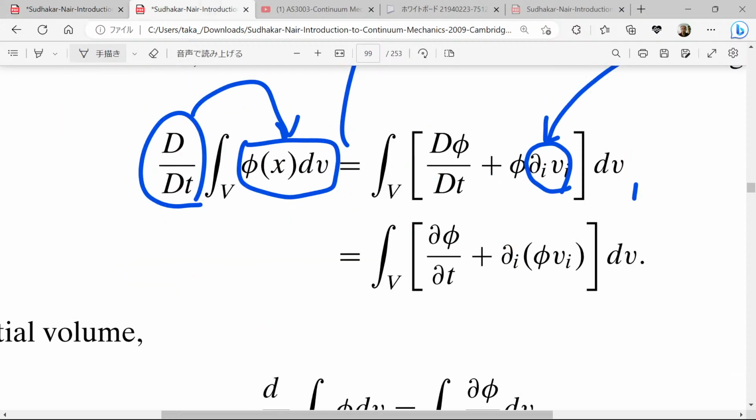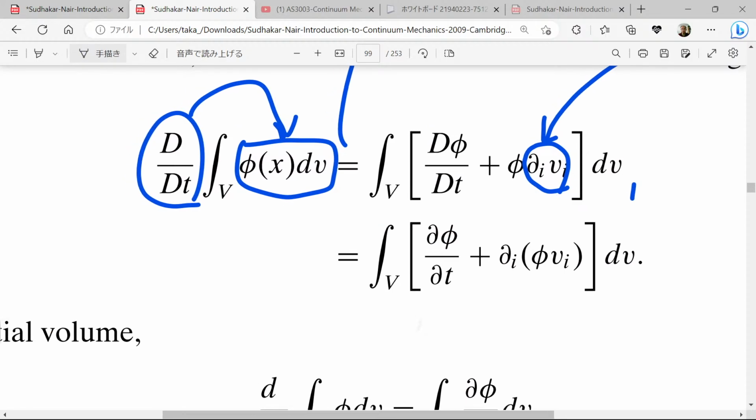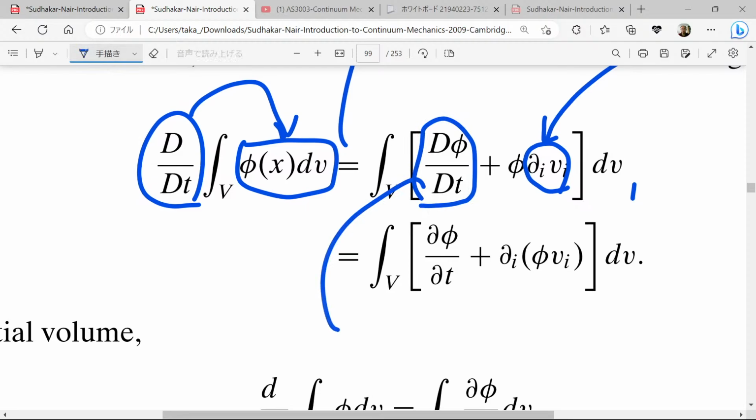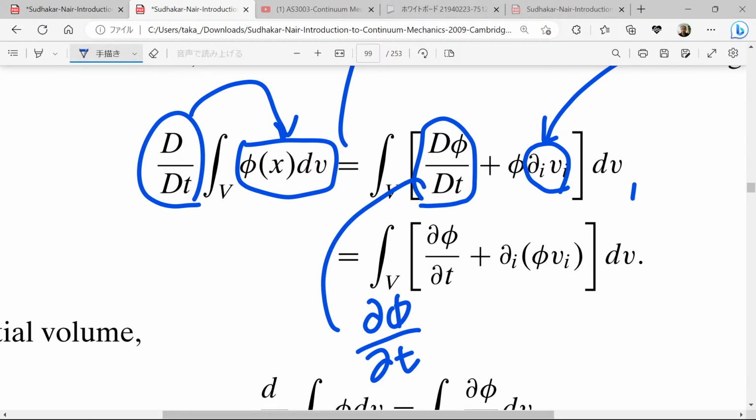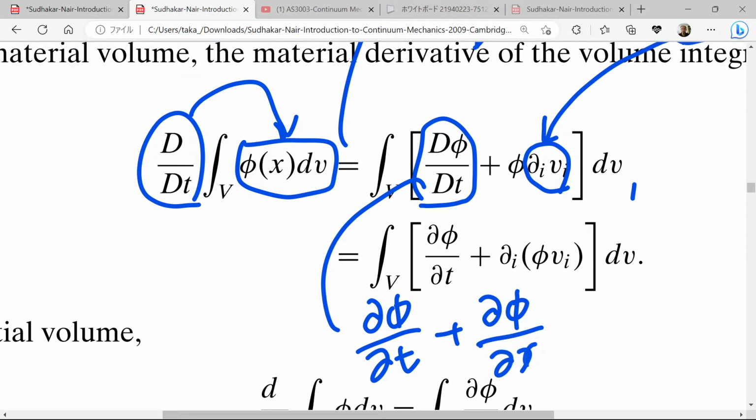So this is the partial derivative here. We are talking about this thing. This is the partial derivative times partial phi, partial x i, for example.